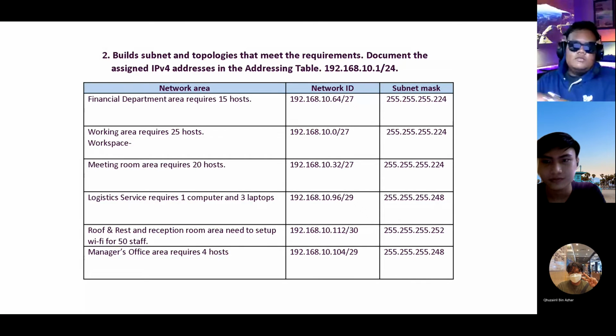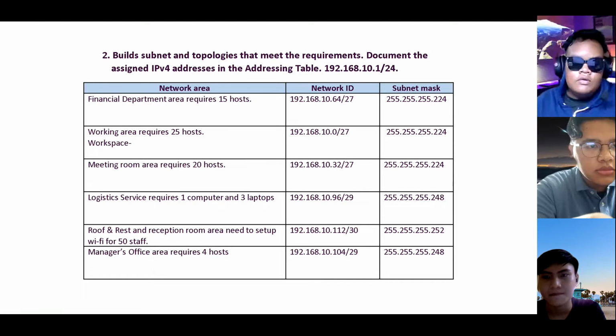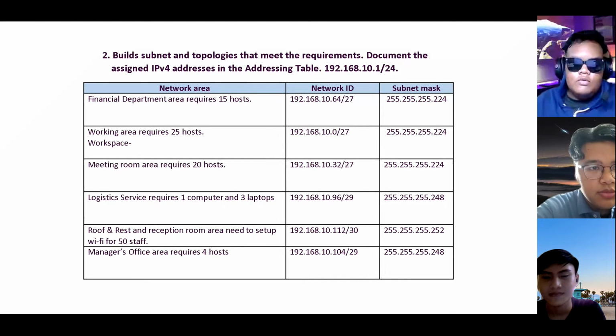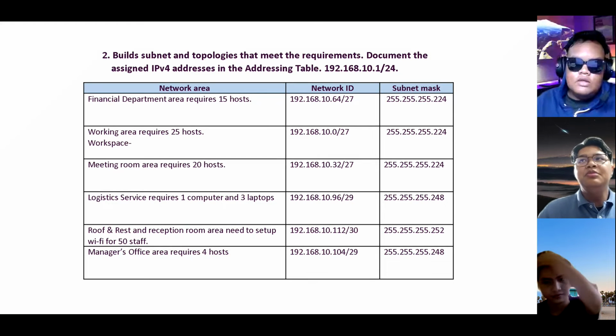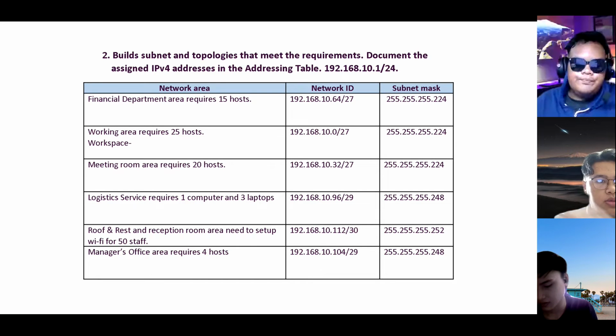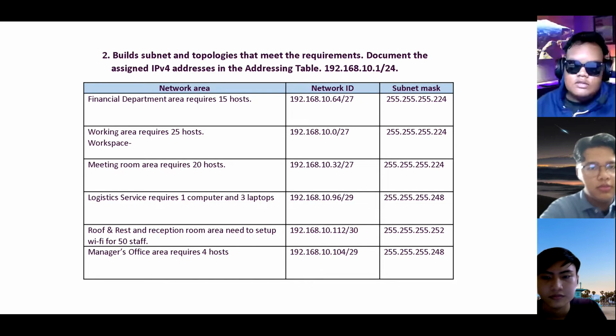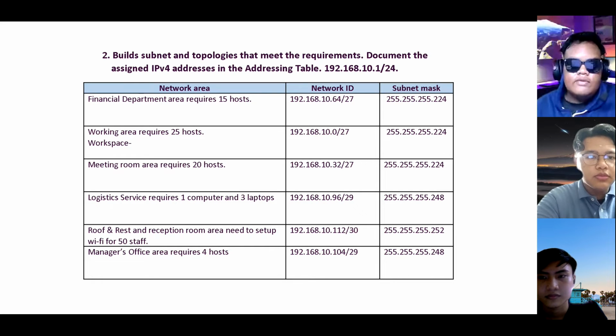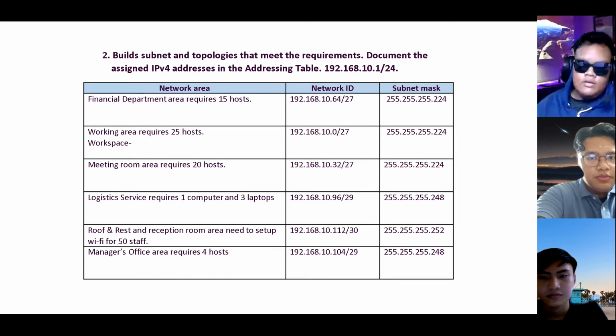And for the last one, the manager office area requires 4 hosts. The network ID is 192.168.10.104/29, and the subnet mask is the same as the logistics service, that is 255.255.255.248.